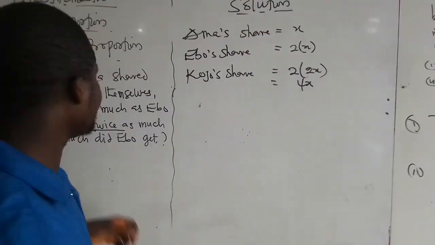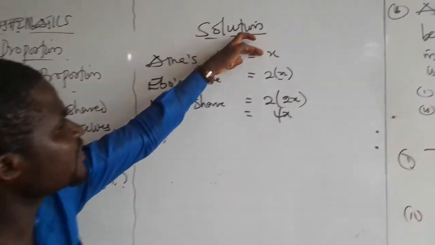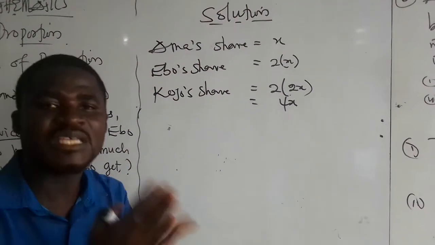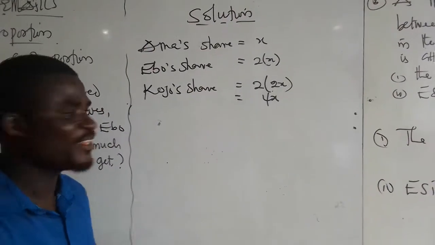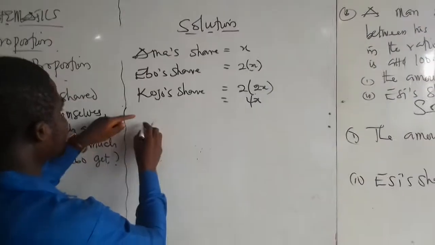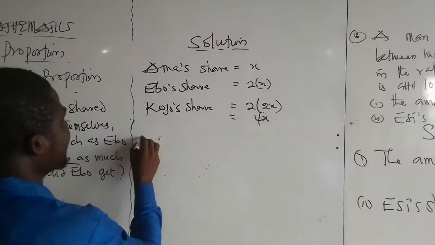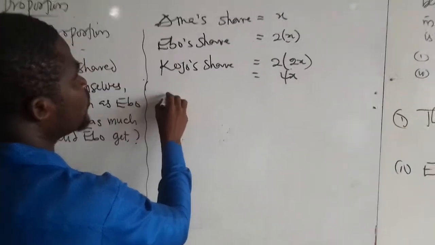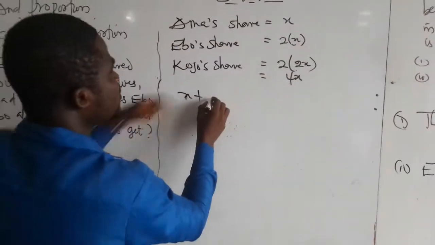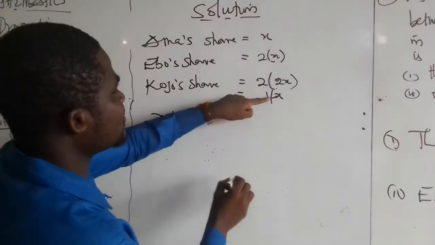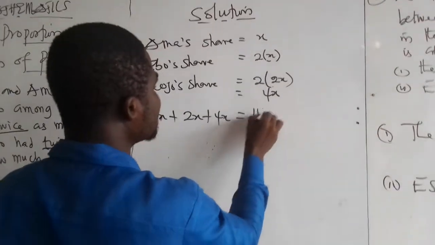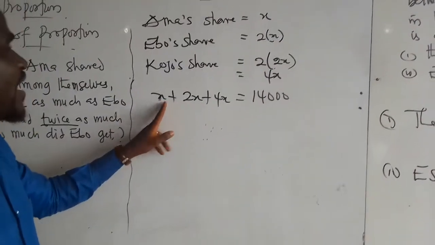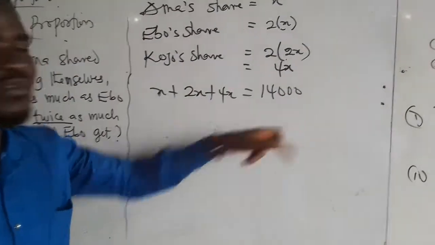Now when you add Amma's share, Ebo's share, and Kojo's share, it should be equal to 14,000 Ghana cedis. So we are going to have X plus 2X plus 4X equal to 14,000 Ghana cedis.